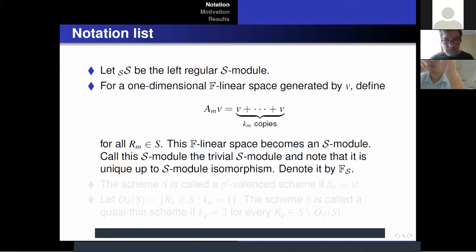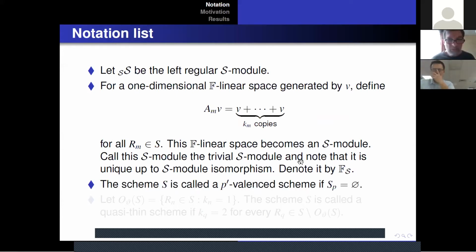Call this the trivial S module, which is unique up to S module isomorphism. We denote it by F_S. The scheme S is called a p-valenced scheme if Sp is an empty set.